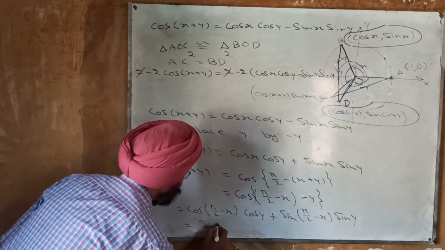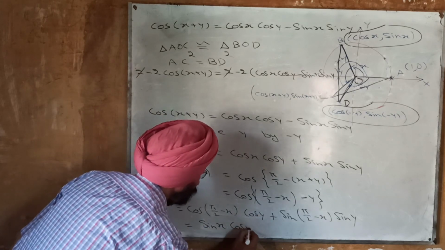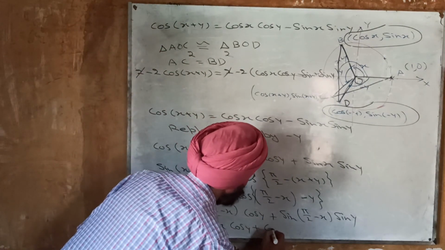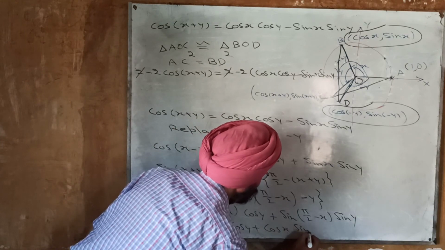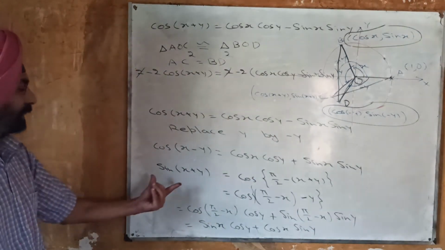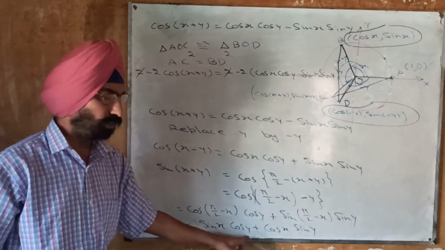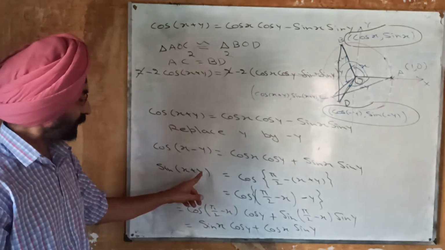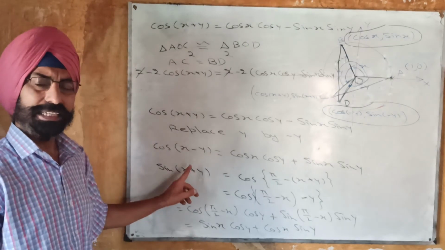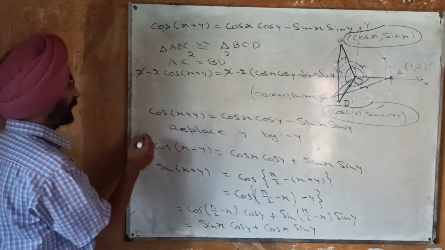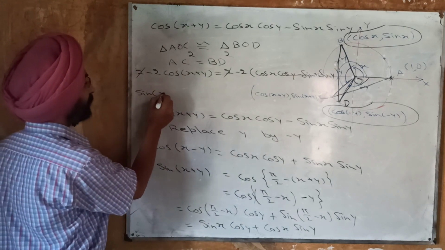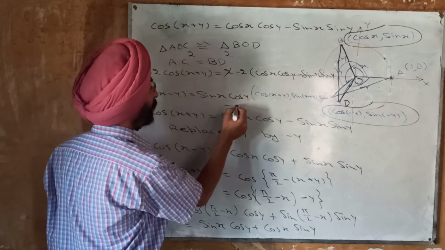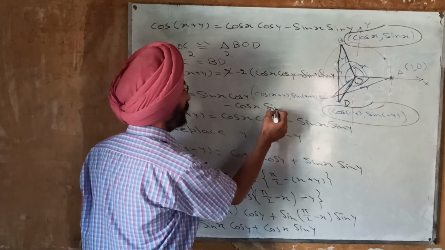So it is sin x cos y plus sin(90 minus x) is cos x, so it is cos x sin y. So this is the formula for sin(x+y), that is sin x cos y plus cos x sin y. Once again, if you replace y by minus y in this formula, you will get the next one, that is sin(x minus y) is sin x cos y minus cos x sin y.